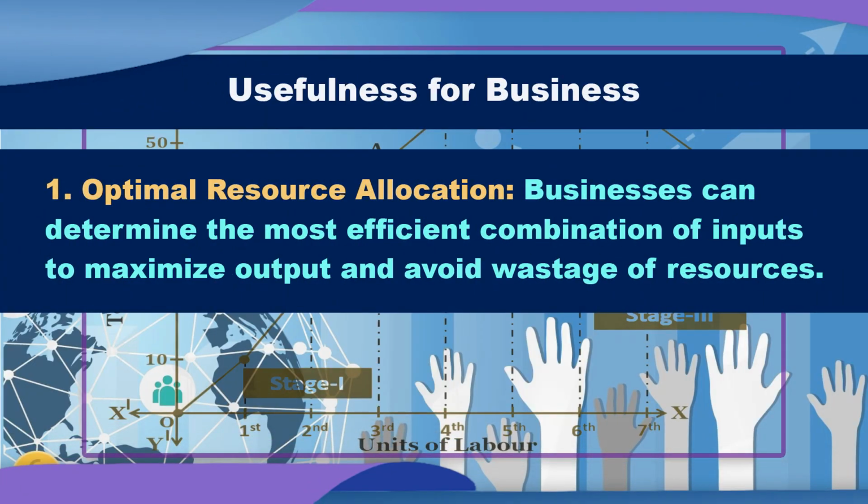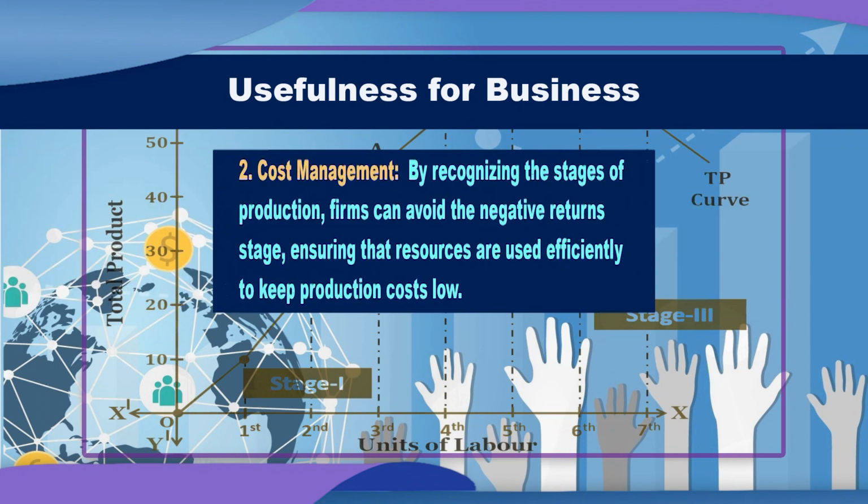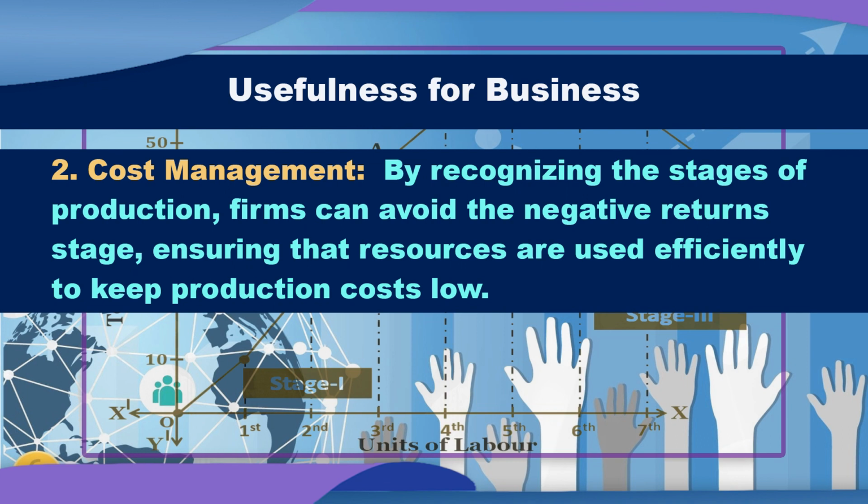First is optimal resource allocation. Businesses can determine the most efficient combination of inputs to maximize output and avoid wastage of resources. By recognizing the stages of production, firms can avoid the negative return stage, ensuring that resources are used efficiently to keep production costs low, and thus cost management can be done.